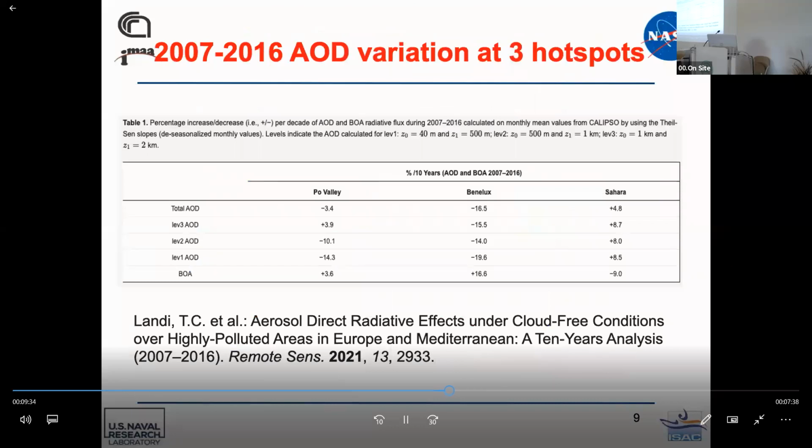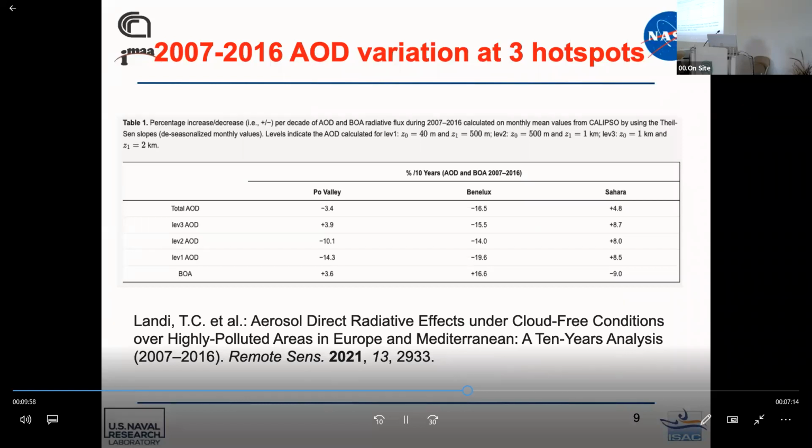After the analysis, if we want more detail, this is the percentage of increase or decrease per decade of the aerosol optical depth and the bottom-of-atmosphere radiative flux between 2007 and 2016, so in those 10 years.